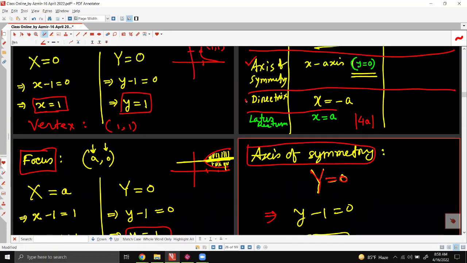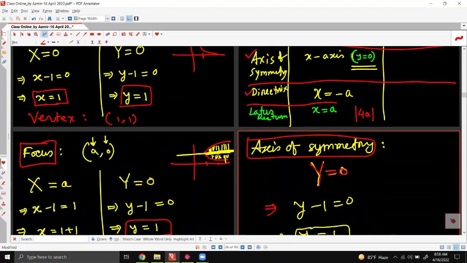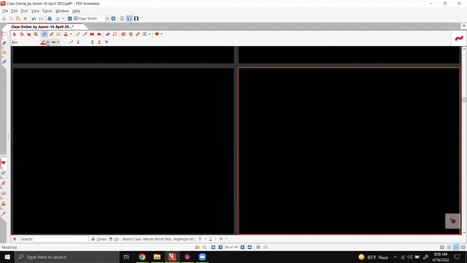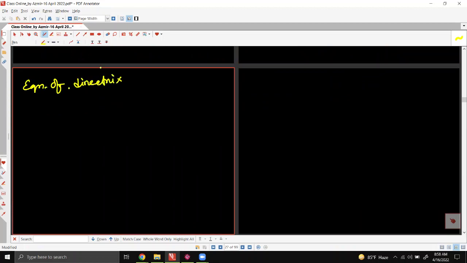Now let us find the directrix. So the directrix formula is x equals minus a. That means equation of directrix. The formula says that it is x equals minus a.